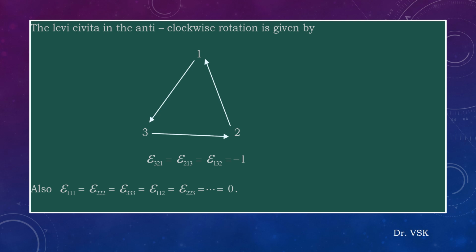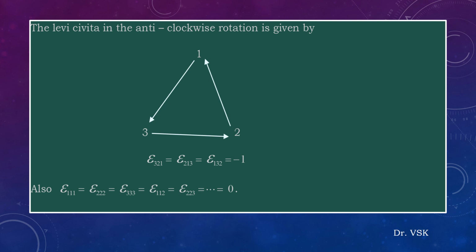The indices repeat. That means in epsilon suffix ijk, if i repeats twice, or if j repeats twice, or if k repeats twice, or if they repeat thrice, or in any other case, this Levi-Civita takes the value 0.